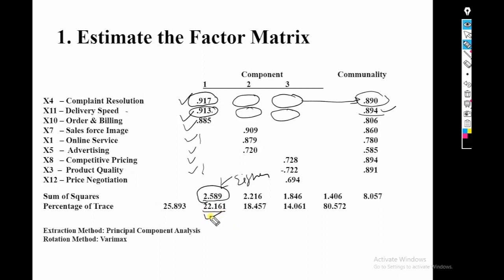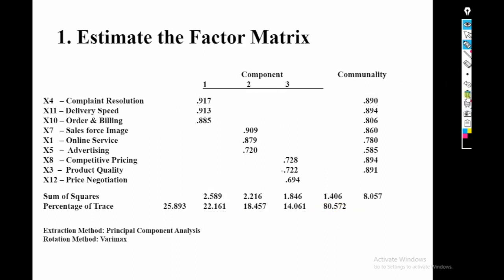So the variance is 22.16, 18 point something, and so on, and the total cumulative is 80%. So this is the purpose of the factor matrix.